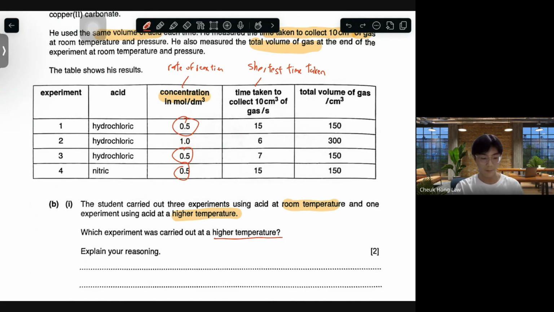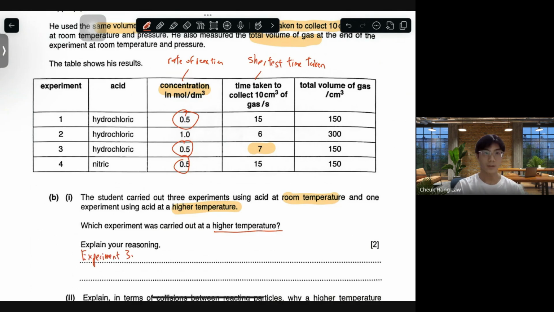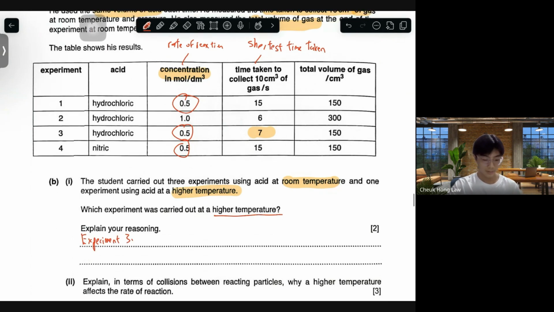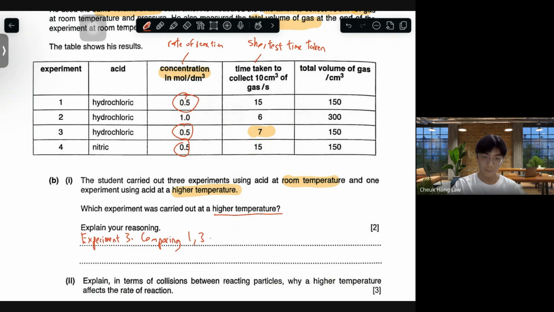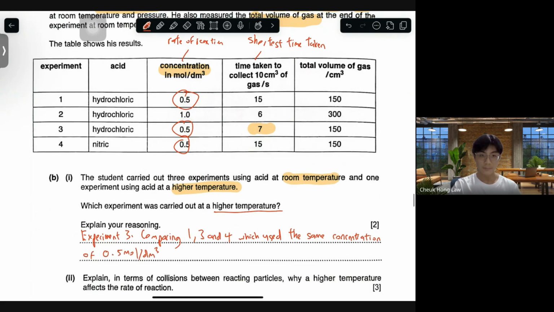So I'm going to compare 1, 3, and 4, and your answer will be this one. 7 seconds is the shortest time, so experiment 3. Explain your answer: comparing 1, 3, and 4, which used the same concentration. When we use the same concentration, I don't say the rate of reaction is the fastest.